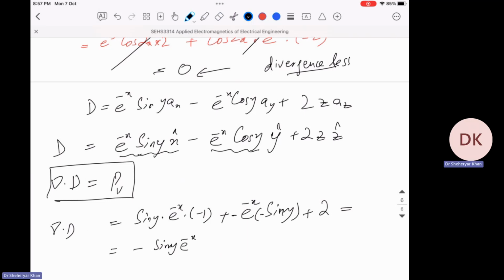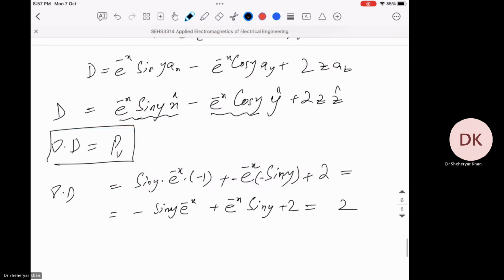So we get sine y e raised power minus x plus e raised power minus x sine y plus 2. Answer is 2. So we get charge density of 2.